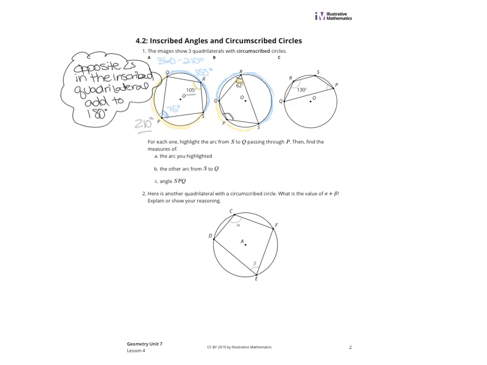If angle R is 62 degrees, then I know that my yellow arc is twice that. Sorry, let me go get the right pen. 124 degrees, basically twice my angle R. And if the entire circle adds up to 360, then 360 minus 124 equals 236 degrees for my blue arc.